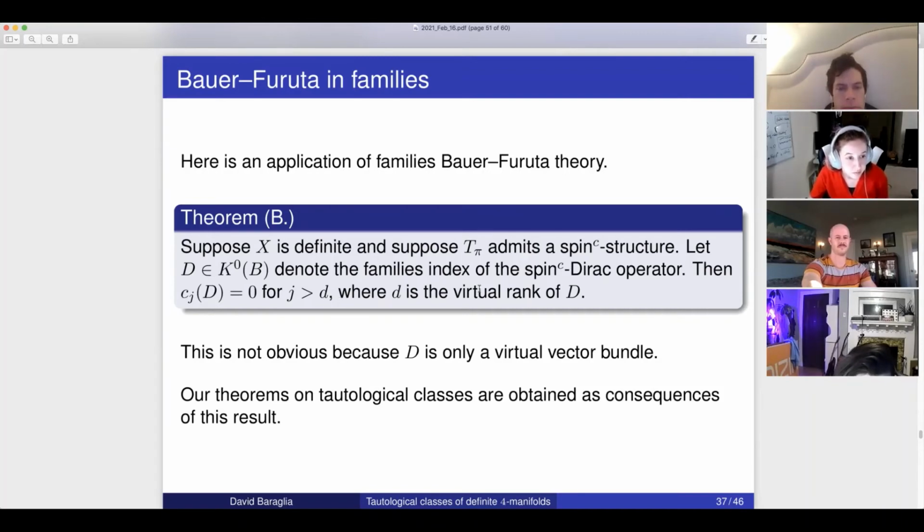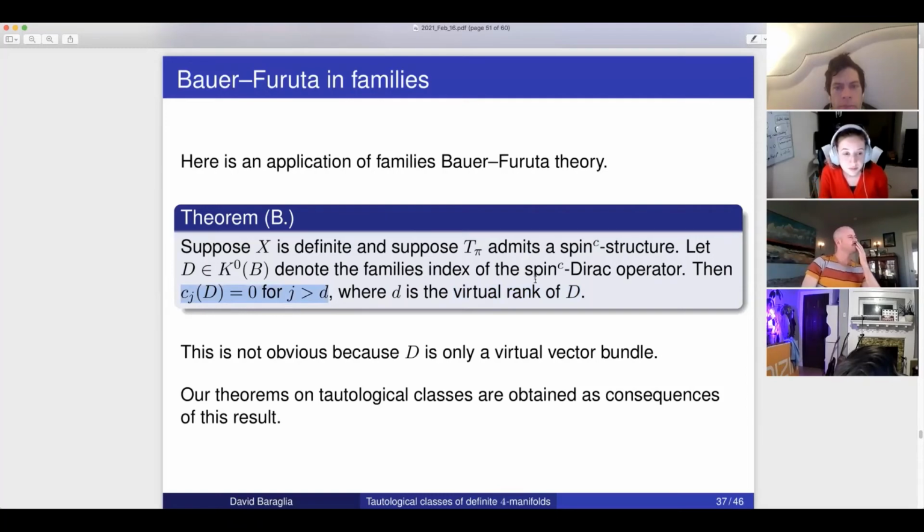Of course, this seems kind of silly until you realize that D is only a virtual vector bundle. So there's no reason, in general, that the Chern classes couldn't be non-zero in degrees higher than the rank. But what this theorem says is that actually these are 0 for j greater than d.